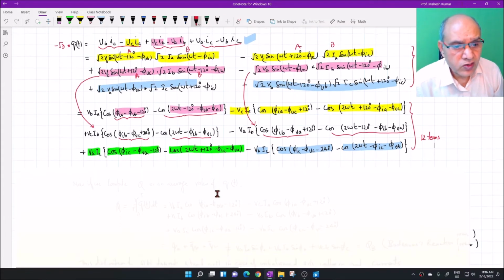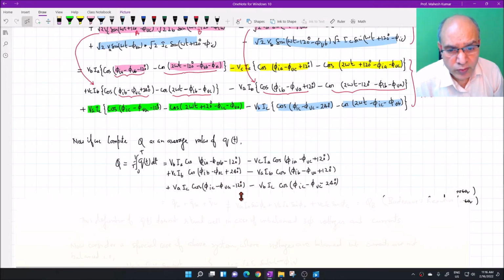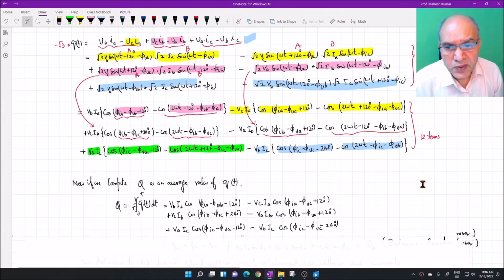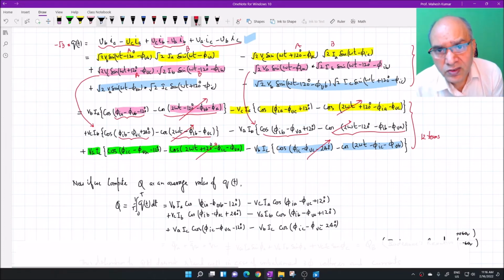Out of 12 terms, 6 are free from the time varying component, that is omega t. As you can see from these expressions, 6 of them are time varying. This is time varying, this is time varying, and these are also time varying. And these are the constant terms.